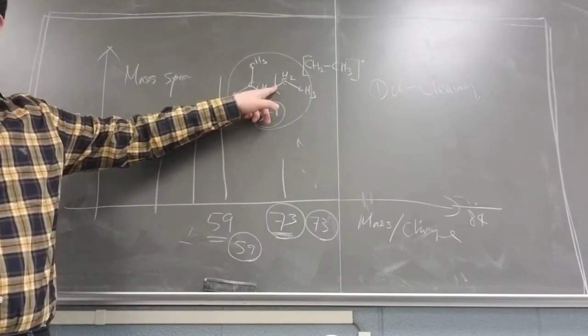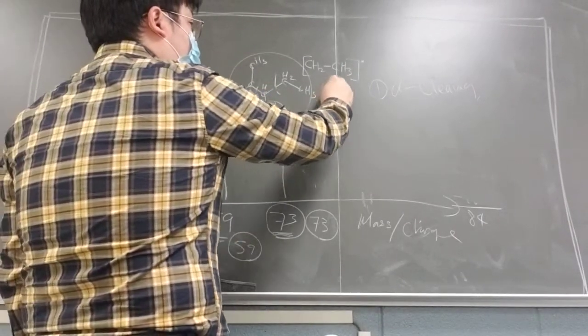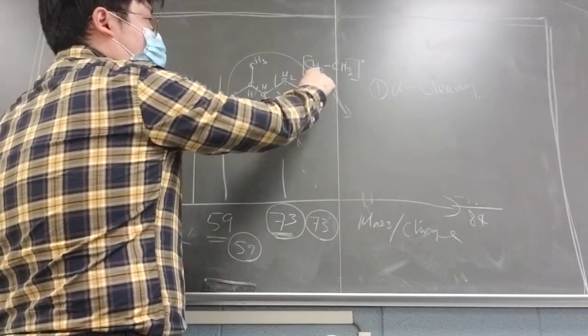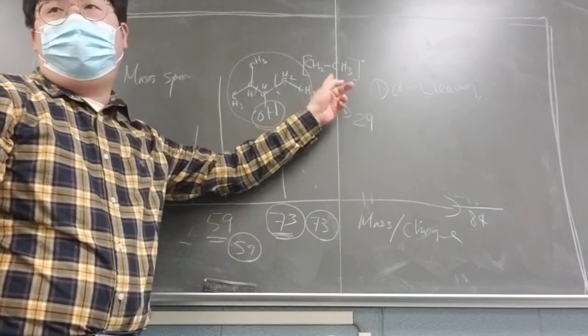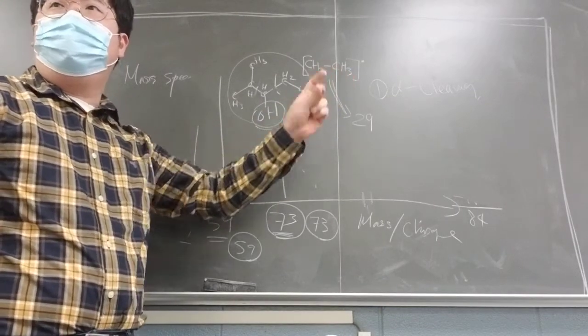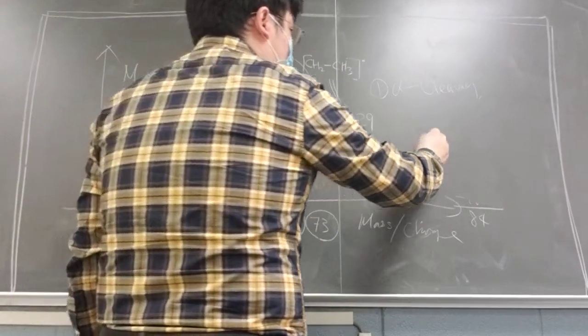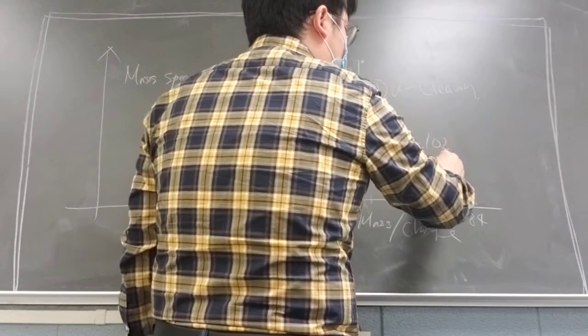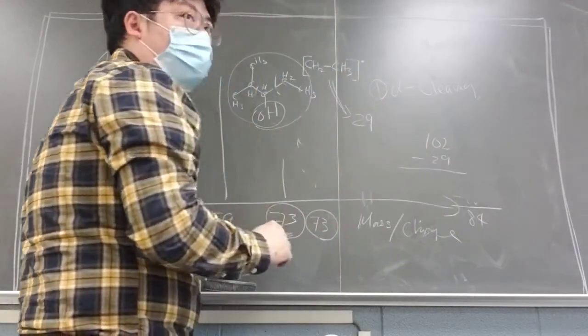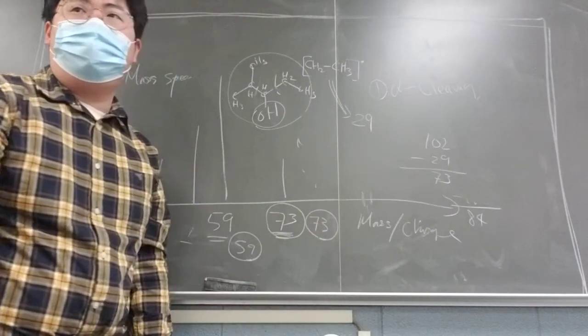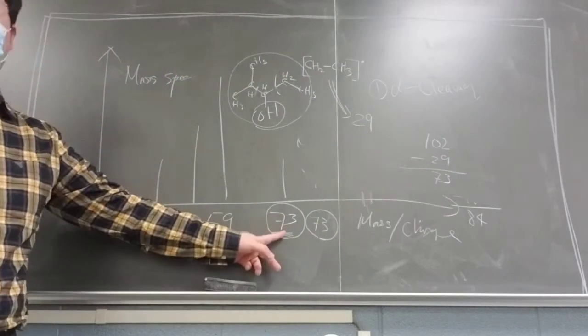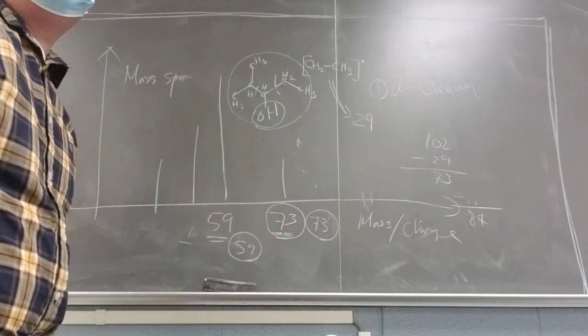I don't know if you remember from the last time, this will be 29: 2 carbons and 5 hydrogens, right? So whenever you do 1 or 2 minus 29, what's that? 73. It's right here. Makes sense, right?